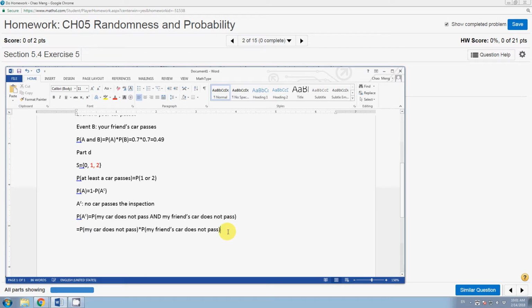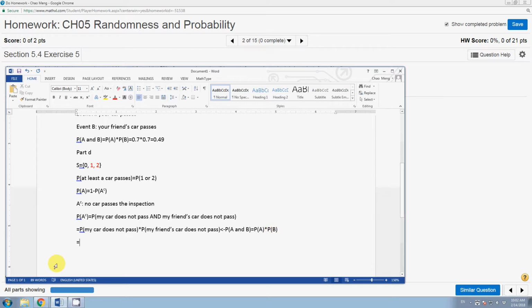So why is that? Because we learned the rule that the probability of A and B, if they are independent, equals the probability of A times the probability of B. Then what's the probability that my car does not pass?